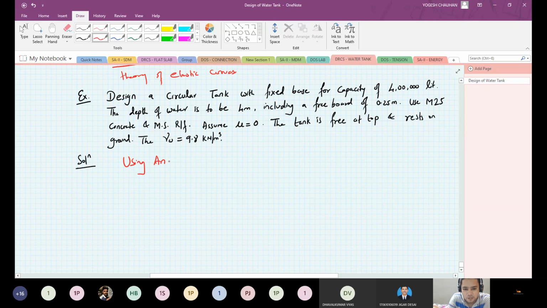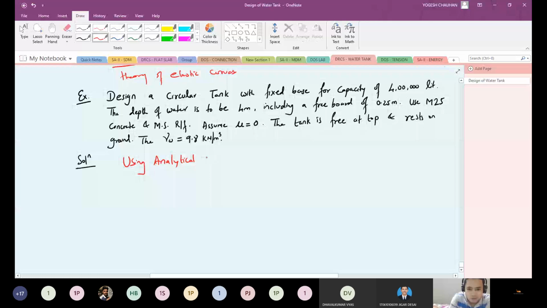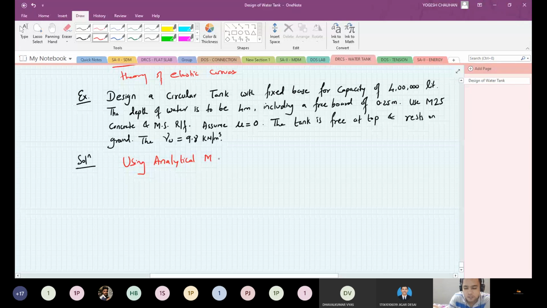Because in exam you are not allowed to sit with IS 3370 part 4, so we'll see the analytical method in which by solving the differential equations you can get the solutions, and we'll also see a similar example using tables given in IS 3370 part 4.